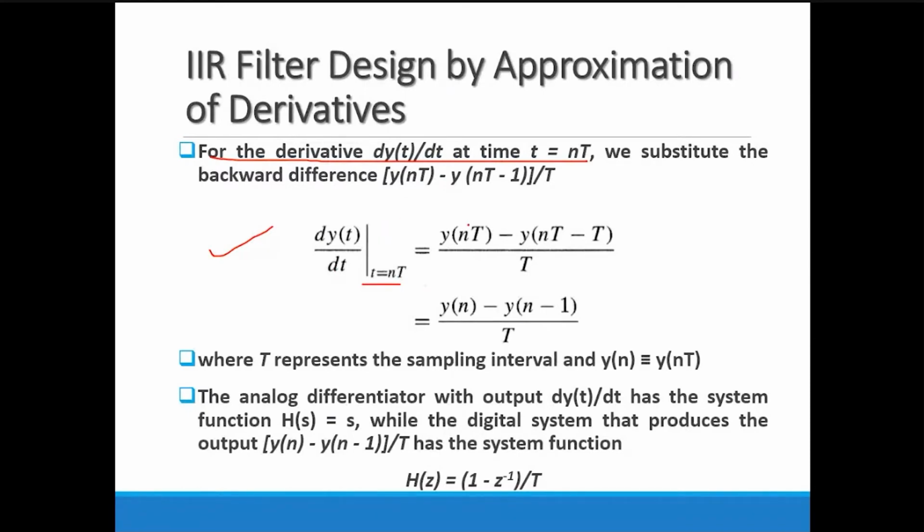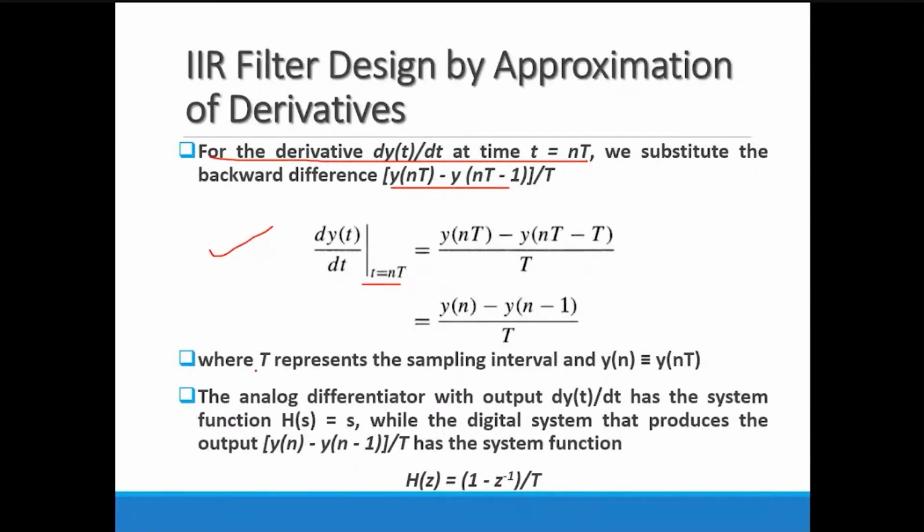When you simplify this, you get y(n) minus y(n minus 1), divided by T.